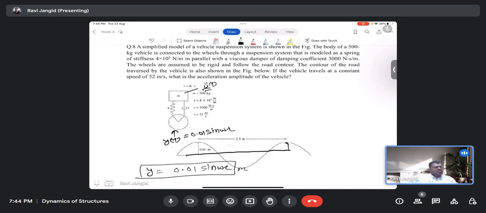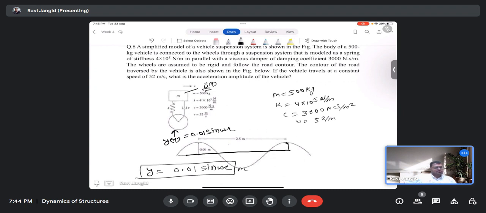You have been given the mass 500 kg, the stiffness 4 into 10 raised to power 5 Newton per meter, the damping coefficient 3000 Newton second per meter, and the velocity 52 meter per second.